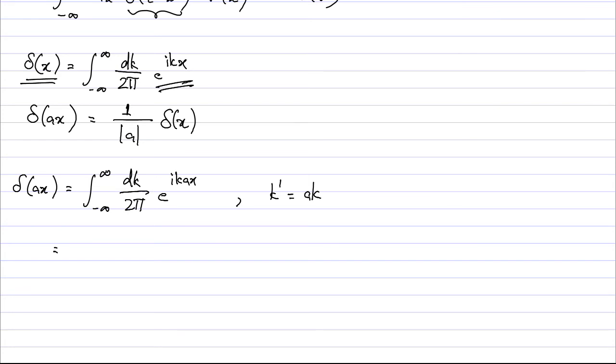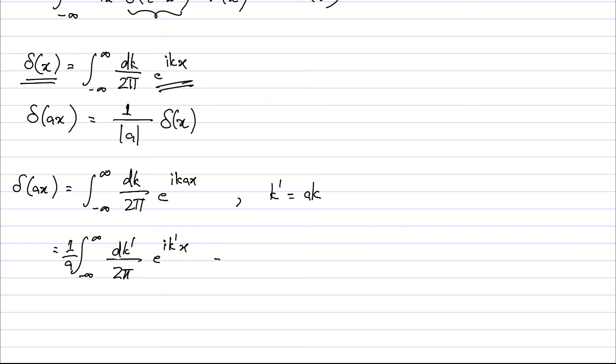So you get the integral from minus infinity to infinity of dk', sorry, not dk' over 2π, you get something different. You get dk', and then you have this factor of 1 by a which you can put out, and you have e^{ik'x}.